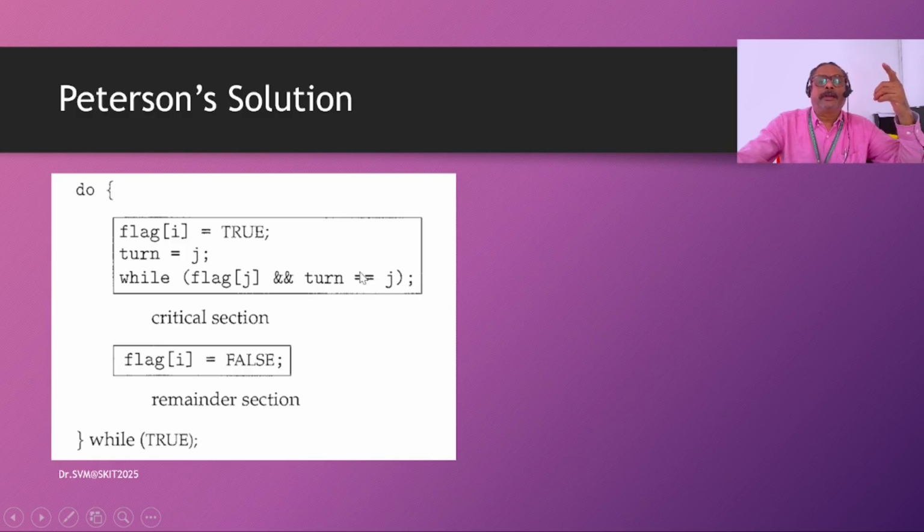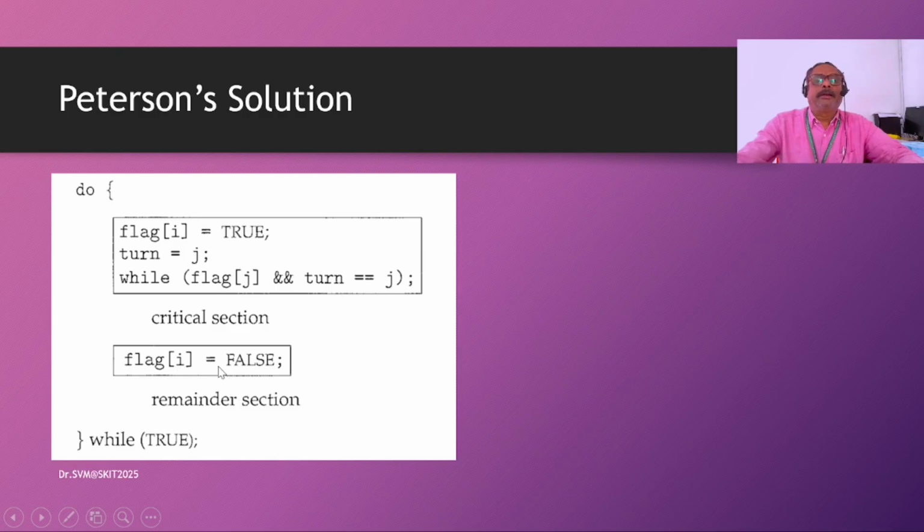This is for process I, this is not true, therefore process I will enter into the critical section. And once process I has entered into the critical section, we should confirm that at the end of the critical section we take out our flag and say that we are no more in the critical section, so anyone else can get into the critical section.